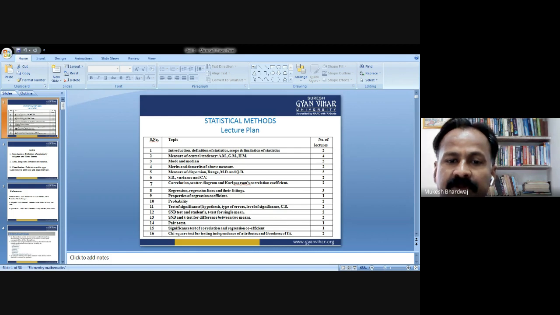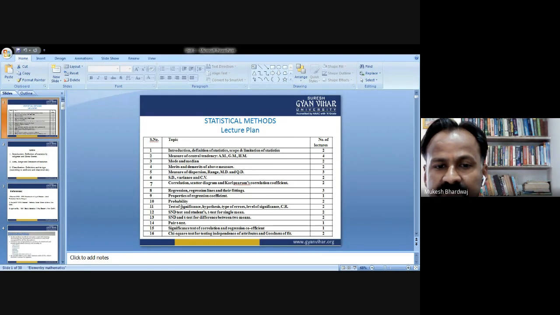Now the 11th topic is test of significance, hypothesis, types of error, level of significance, and CR. The 12th topic is SND test and Student's t-test for single mean. The 13th topic is SND and t-test for difference between two means.